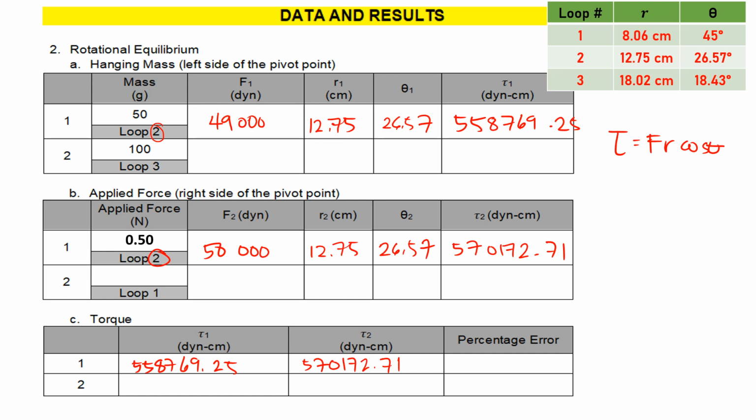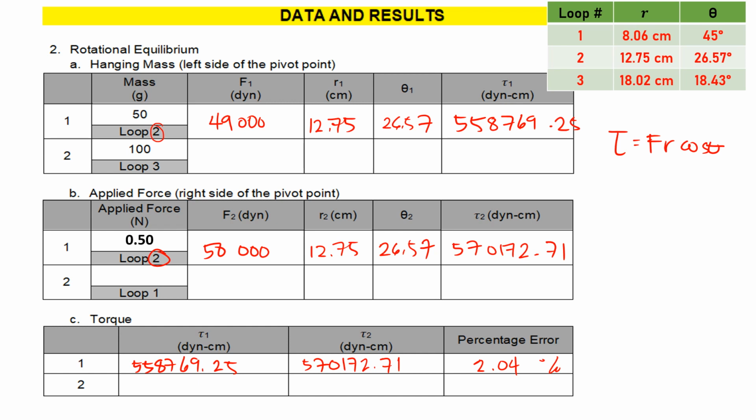So this is equal to 558,769.25 minus 570,172.71, divided by the theoretical value, which is torque 1, 558,769.25, and then multiply this by 100. So the answer is 2.04. So the percentage error here is 2.04%.